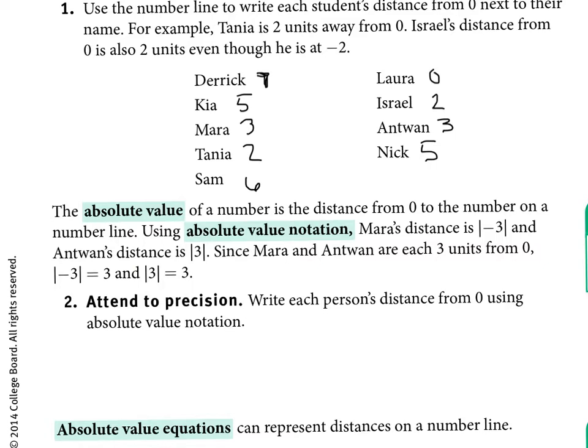Because absolute value is the measure of distance from 0, we never ever measure distance in negative numbers. You would never say, I ran -2 miles yesterday, or my friend lives -5 miles from here. You would never say that because we never measure distance in negative numbers. So it's important to note that it is always positive.